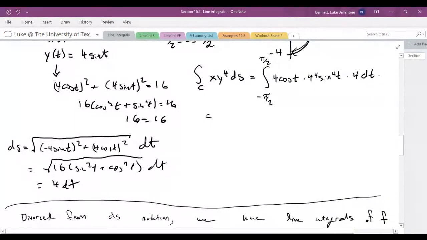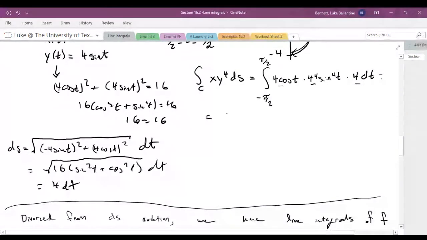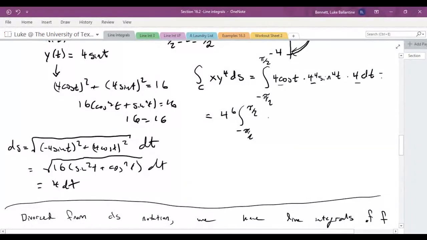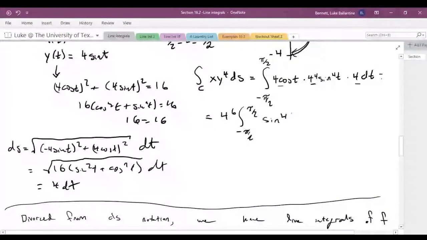Now we have 4 to the 4th, 4 to the 1st, 4 to the 1st. That's 4 to the 6th, times the integral from negative pi over 2 to pi over 2 of sine to the 4th t, cosine t dt.